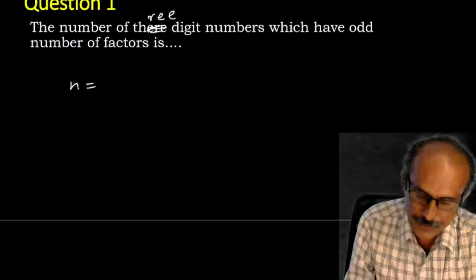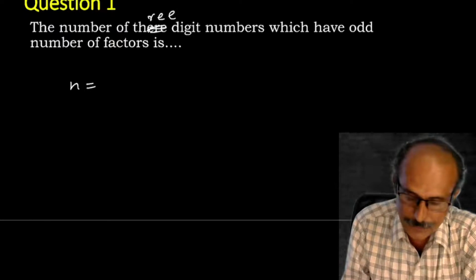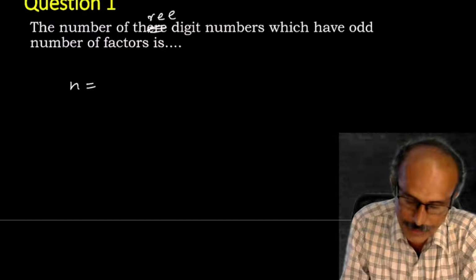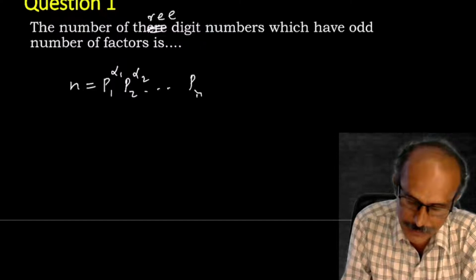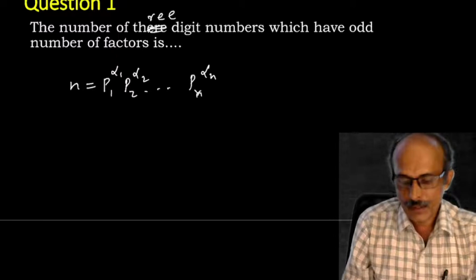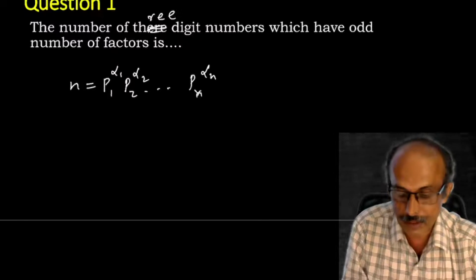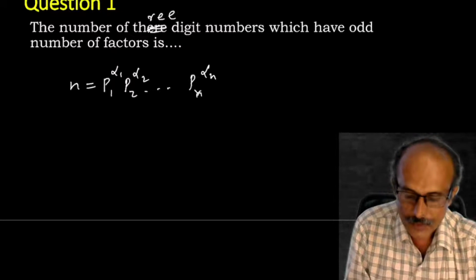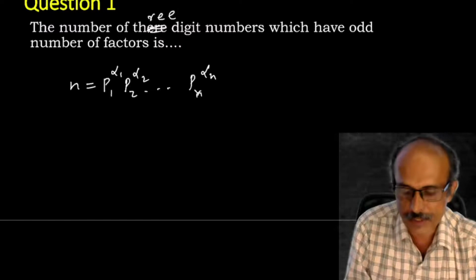any number. You know that any number can be written as a product of prime powers. Like for example, we can write it as p1 power alpha 1, p2 power alpha 2, and so on, pn power alpha n. This is what is called the fundamental theorem of arithmetic. So every natural number can be written as a product of prime powers.